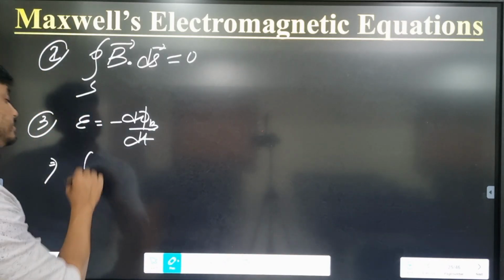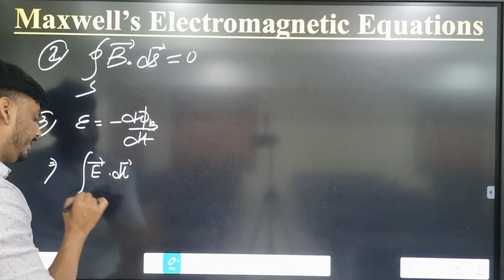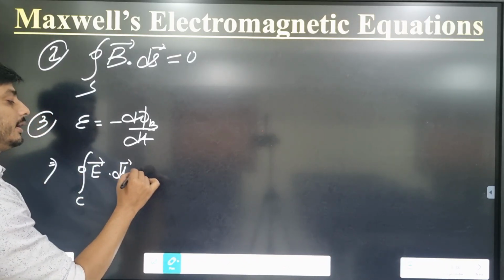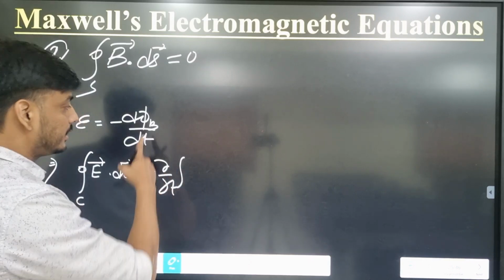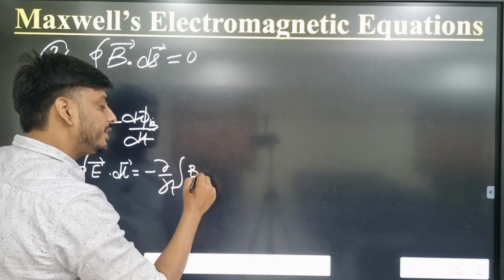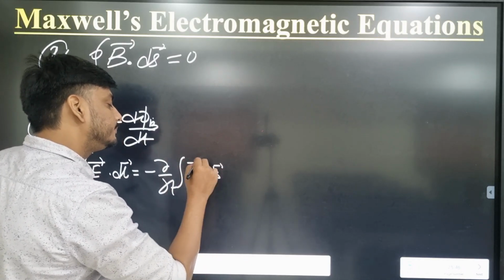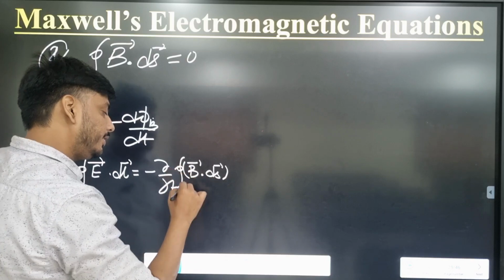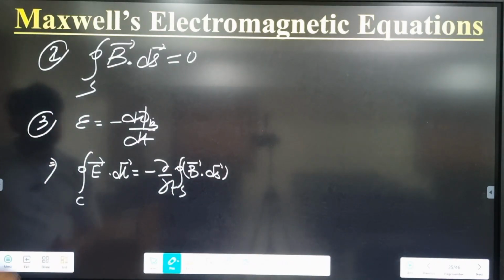That relation is integration over C or L of E dot dl equal to minus del by del t, the partial derivative, of phi, which is the magnetic flux, the dot product of field and area, integration over S. Clear? This is the third equation.